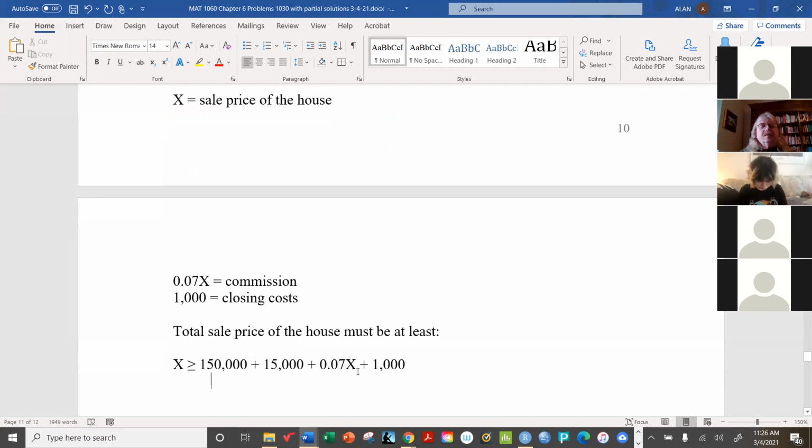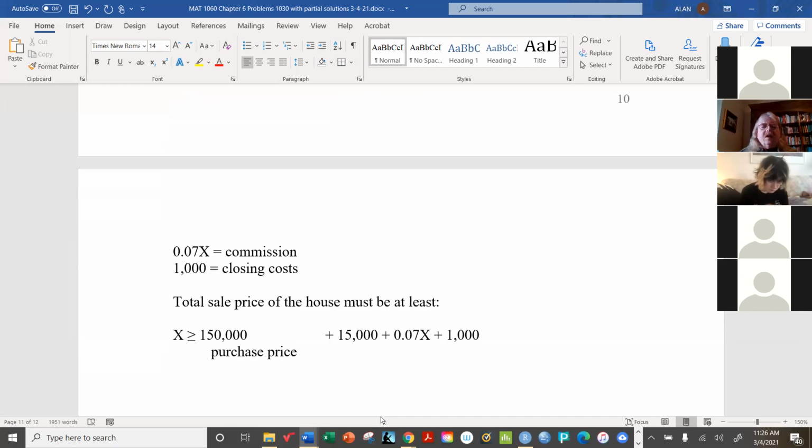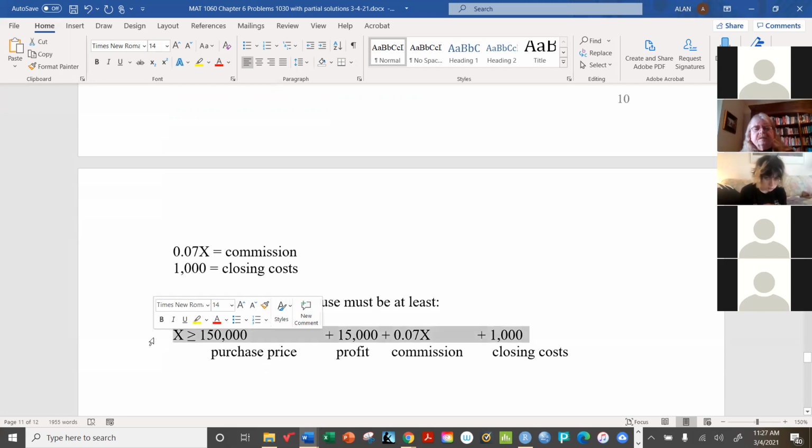So in other words, this is the purchase price. See, we don't have quite enough room here to do this properly. All right, maybe we do. The profit, commission, and then these closing costs. All right, so this is our equation right here.